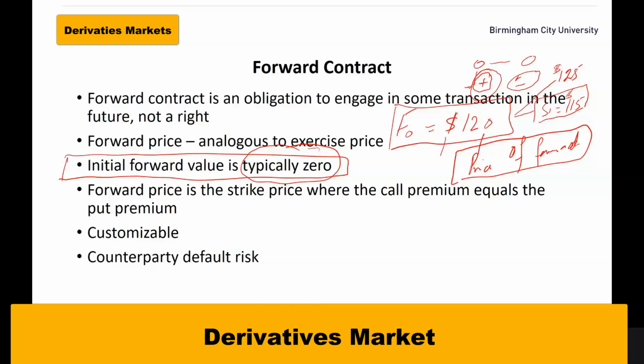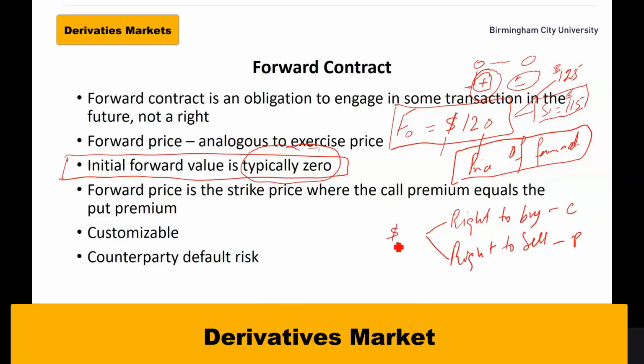Next, the forward price is the strike price where the call premium equals the put premium. As we said, the right to buy Apple is a call option and the right to sell Apple is a put option.